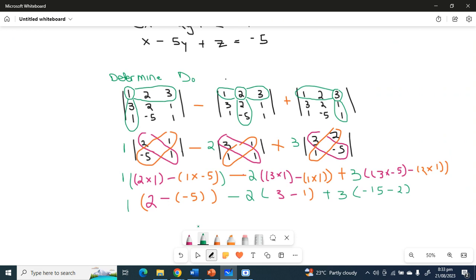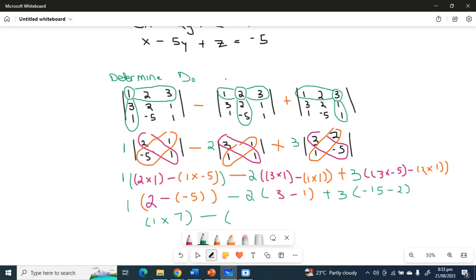So we operate in the parentheses first. 2 minus -5, negative and negative make positive, so it becomes 2 plus 5, that gives us 7. So here we have 1 times 7, then minus 3 minus 1, that is 2.